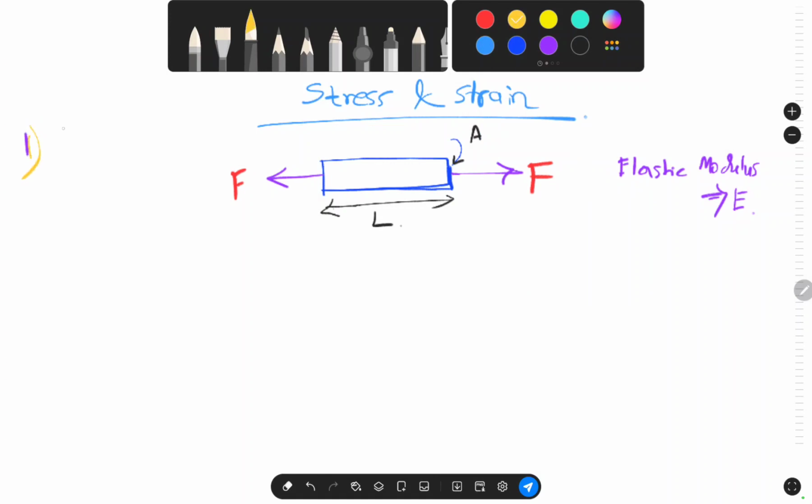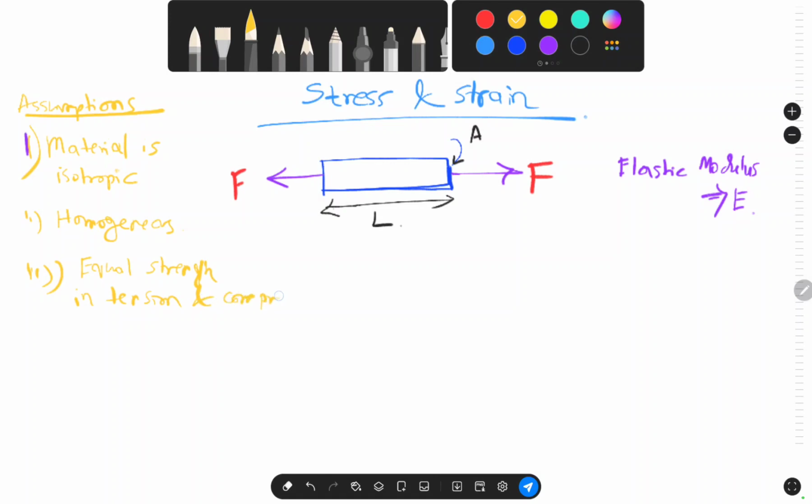Assumptions: the material is isotropic, homogeneous, with equal strength in both tension and compression, and we apply the load within the elastic range.